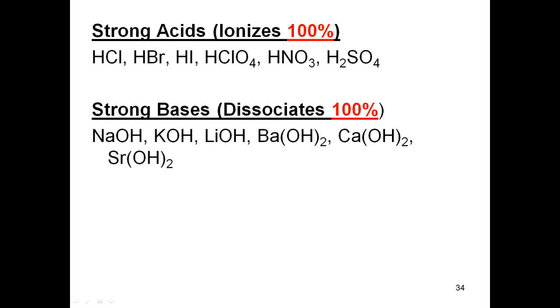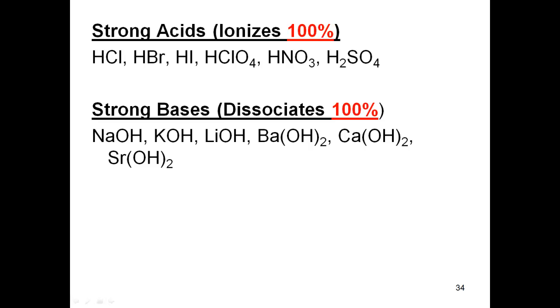So how do you learn the strong acids? You memorize these six: HCl, HBr, HI, HClO4, HNO3, and H2SO4. You learn these acids as your strong ones. All other compounds that start with hydrogen first are weak acids. So learn the strong ones, and then all the weak ones will be everything else.